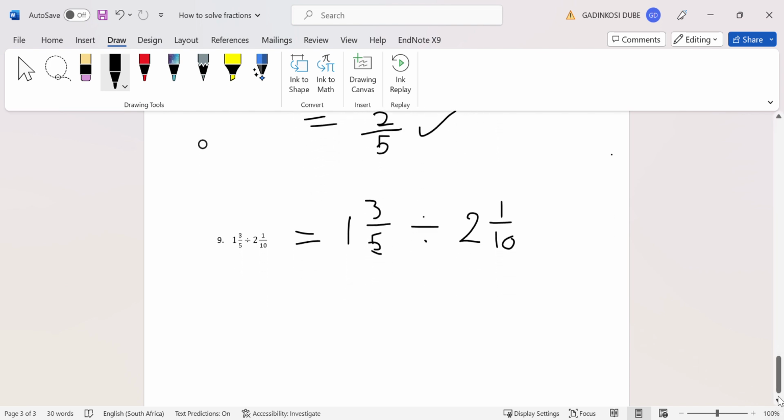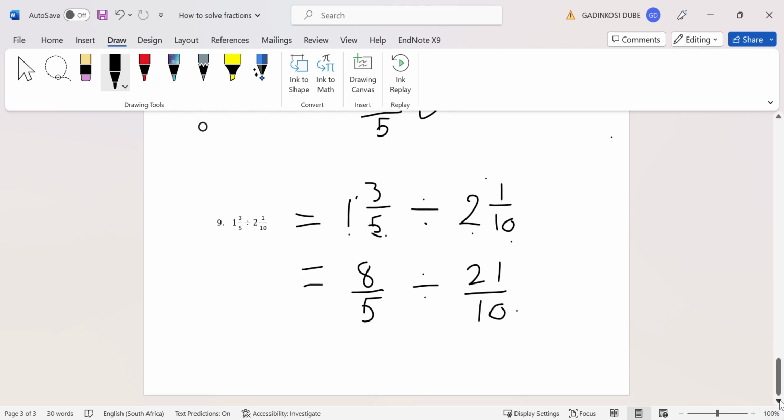Once you do that, you're not going to have any issues. So 5 times 1 is 5 plus 3, 8 over 5. That's a top-heavy fraction. Divided by 10 times 2 is 20 plus 1 is 21 over 10. So that's how it looks: 8 over 5 divided by 21 over 10.